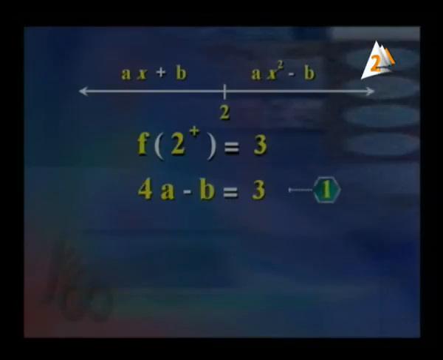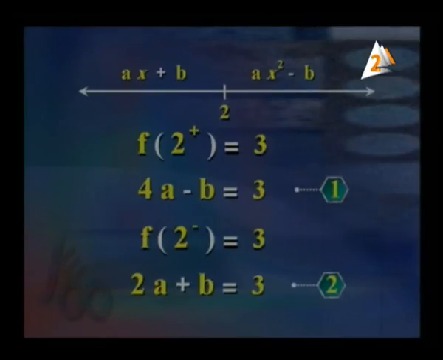Then, dear student, by substitution of x equals 2 in the right function, 2 squared times a minus b equals 3. This is equation number 1. f of 2 negative equals 3. What is equation 2? By substitution of x equals 2 in the left function, 2 times a plus b equals 3. We have two equations.